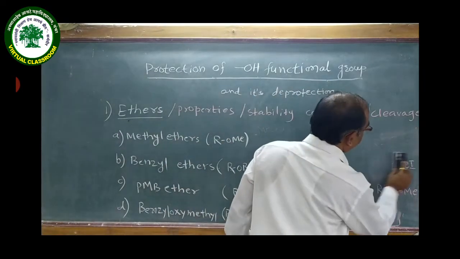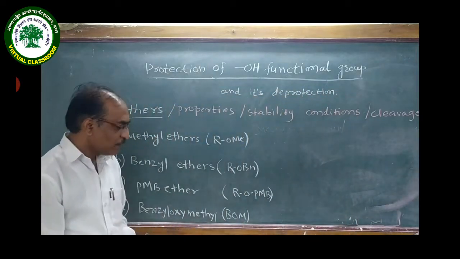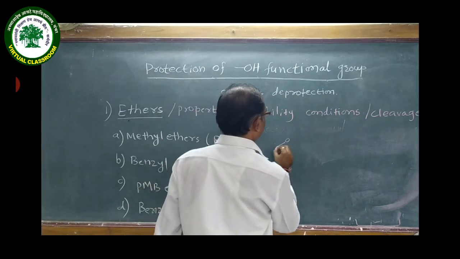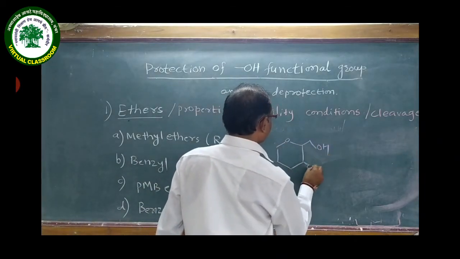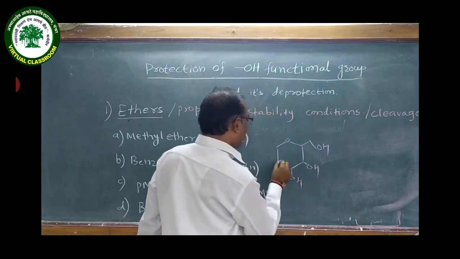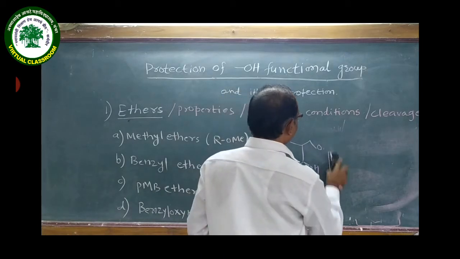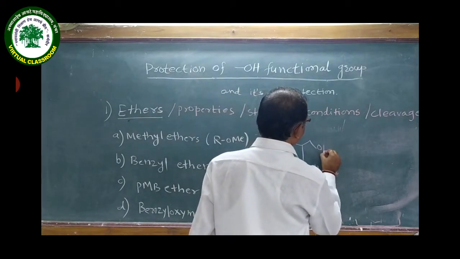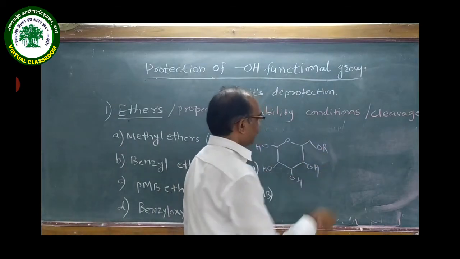So consider a glucose molecule. What is the glucose structure? Everywhere it is a secondary alcohol, and the primary alcohol is already protected with some protecting group. Write that OR.